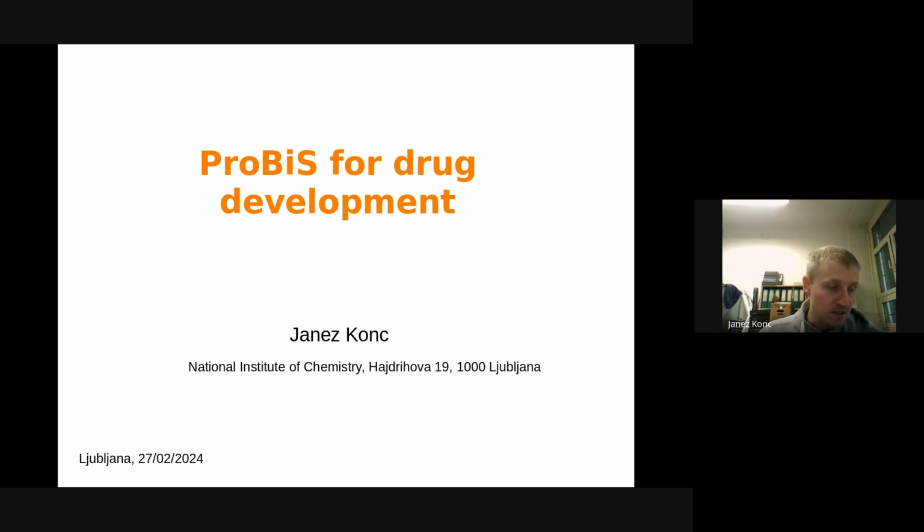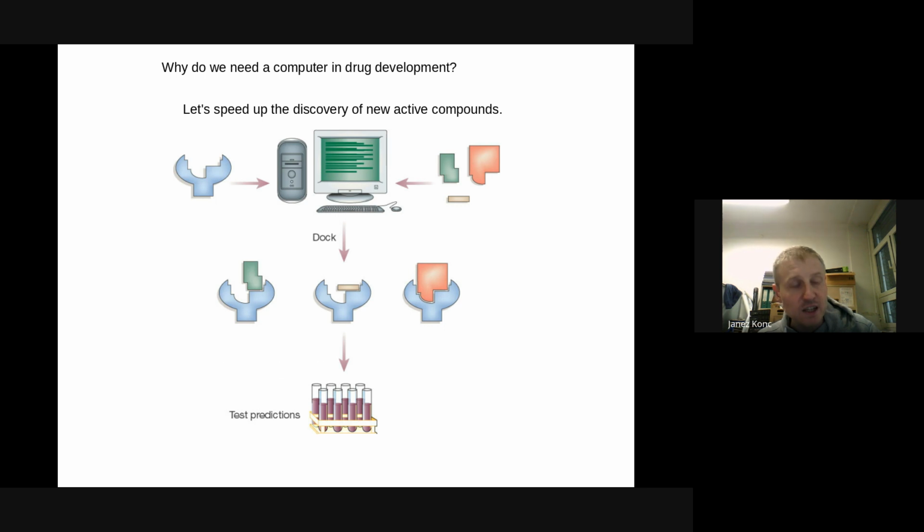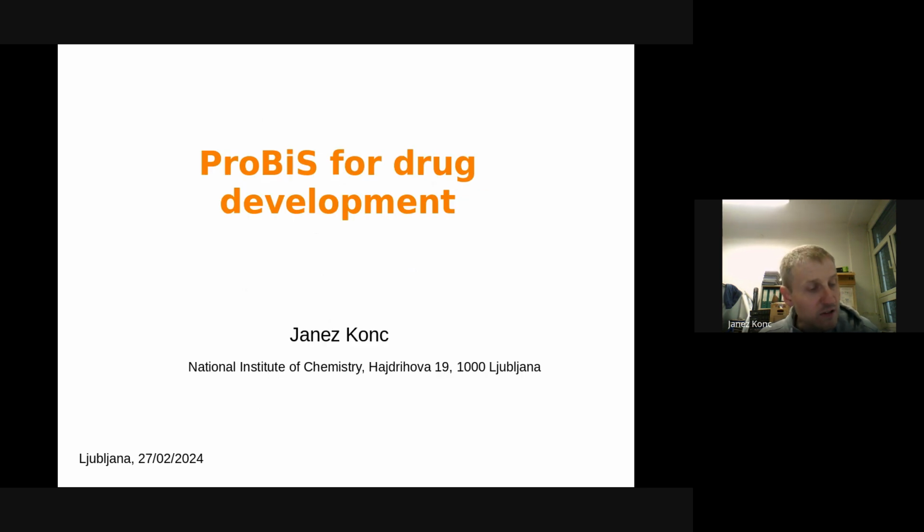This is a suite of different tools from web servers, algorithms, databases that we continuously develop for many years now, and they are intended to basically enable you to discover binding sites and ligands on protein structures. So today I thought I will give you first an introduction about our tools.